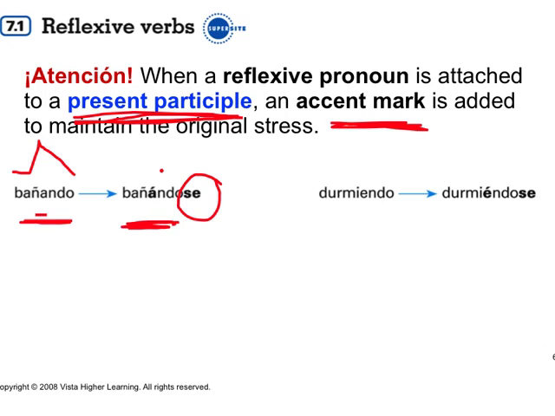When you add a pronoun, you have to write the accent over the original stress to keep the same stress intact. Same thing with durmiendo. Durmiéndose. You have to write the accent over the original stress, which is right there over the E. That's the original stress, no accent, but whenever you attach a pronoun, you need to have that accent mark.